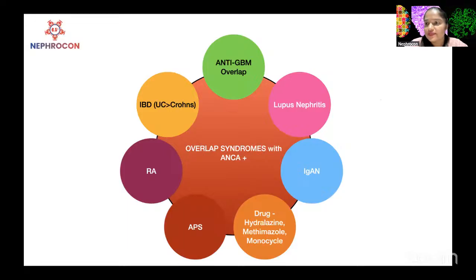So coming to the next segment, because I have to rush, I will not spend a lot of time on each question. They occur in the background of a lot of other glomerular diseases. So ANCA can occur in conjunction with, overlapping anti-GBM, lupus, IgA, even drugs like hydralazine, and they can lead to an overlap syndrome.